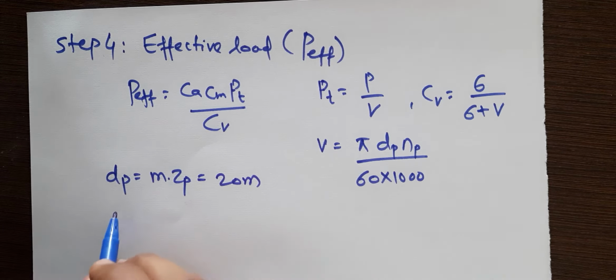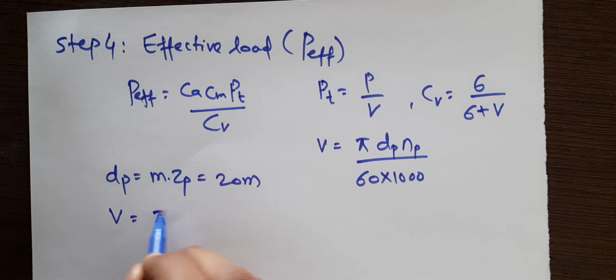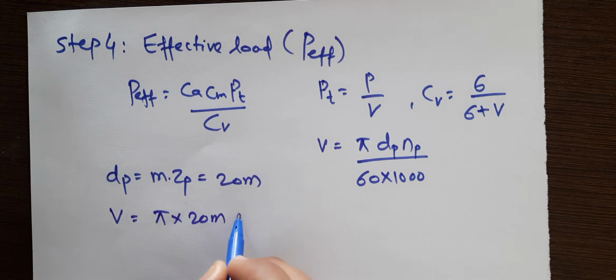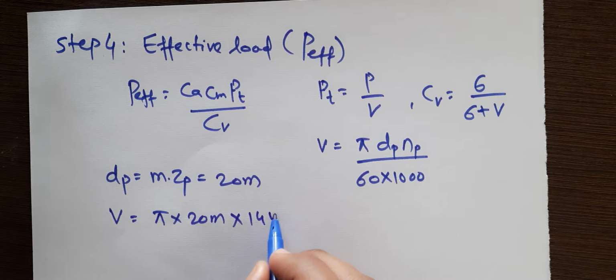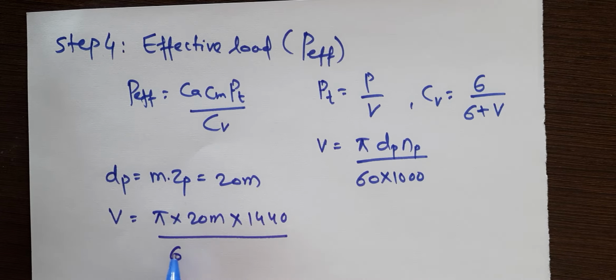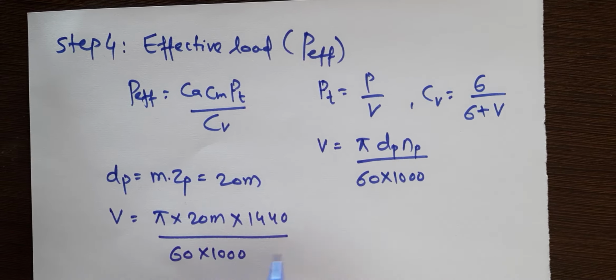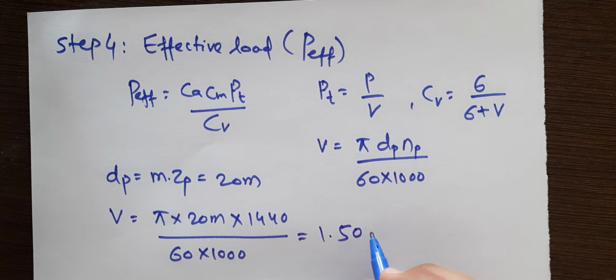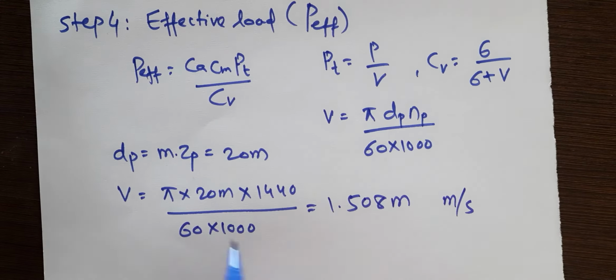Now np is given, so your velocity will be pi into 20 m into np, given as 1440 rpm, divided by 60 into 1000. If you calculate all this, you will get velocity as 1.508 module in meter per second. Now next is PT.